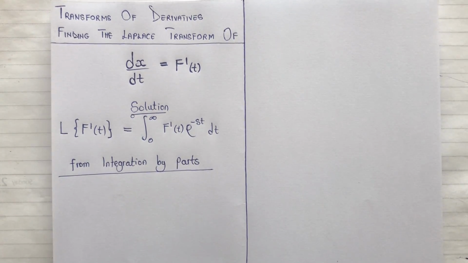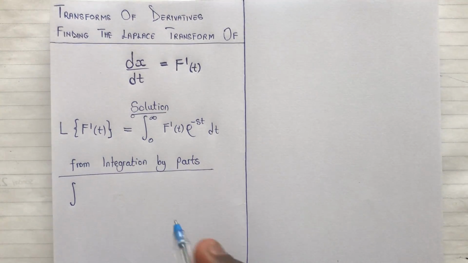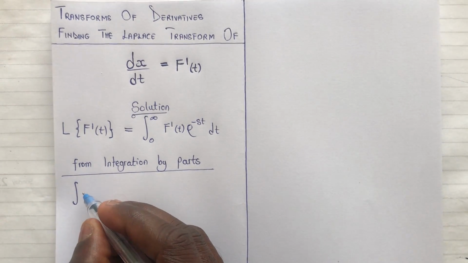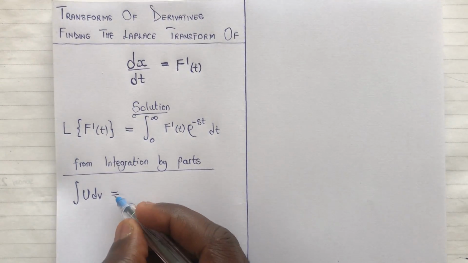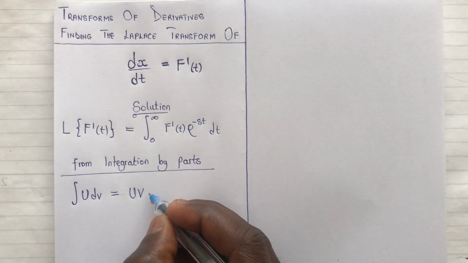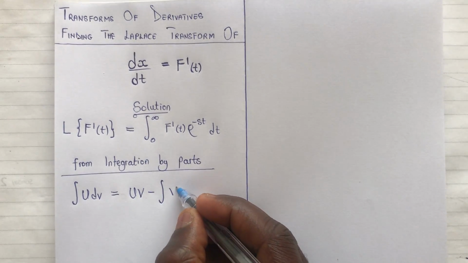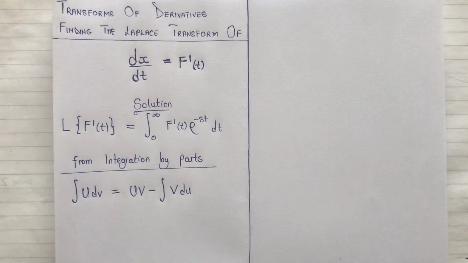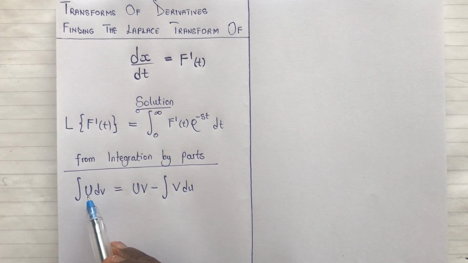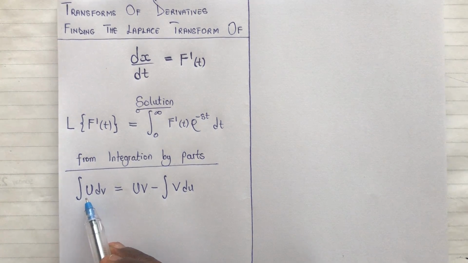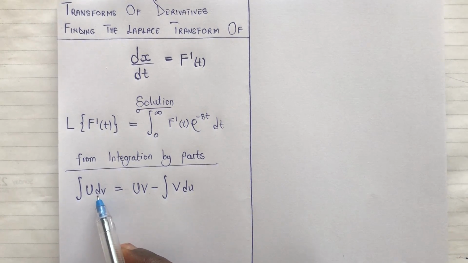Now, what is integration by parts saying? The formula says that the integral of two separate functions multiplying, the integral of u dv, must be equal to u v minus the integral of v du. It says treat one of the functions as a variable u and then treat the other function as a variable v that has already been differentiated.